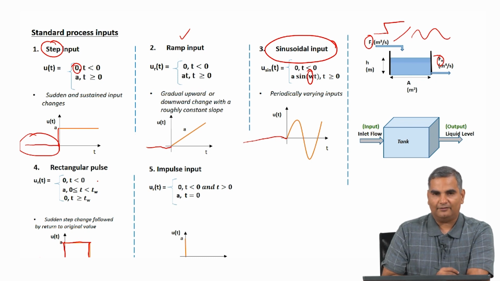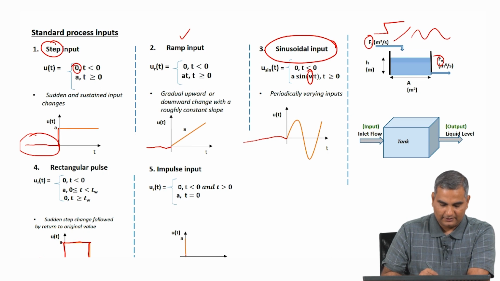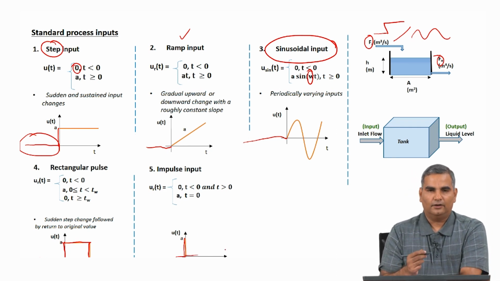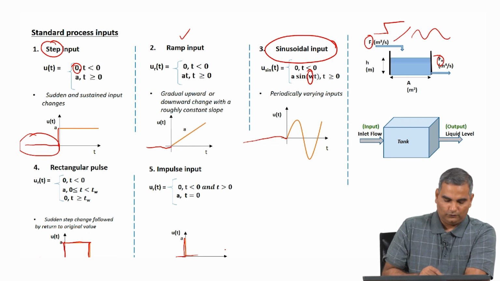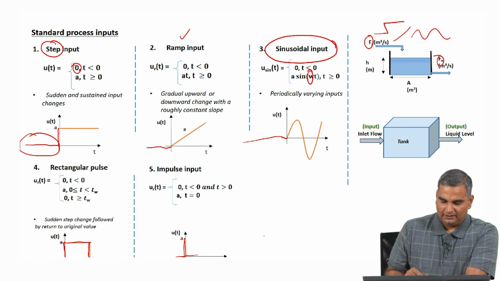You could also have an input which is very short acting. For example, in this case I have 0 up to here and then suddenly I give a and then immediately come back to 0. It is not really realistic to have a value for only time t equal to 0, because you cannot have that. So, at time t equal to 0 I have value a, and back again to 0. This is an idealization of something that is sharply changing.